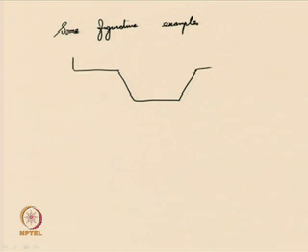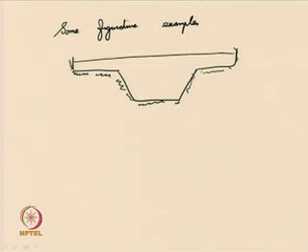Some figurative examples of compound cross sections. Here, this is a channel cross section having a trapezoidal main channel and rectangular, or parallelepiped, cross sectional floodplain channels or side channels.